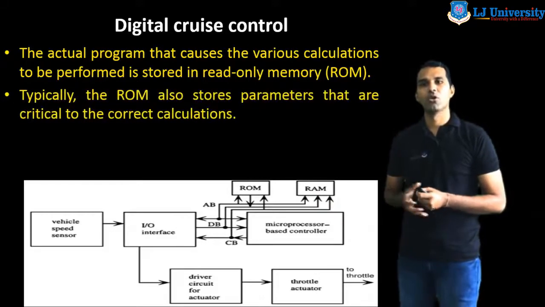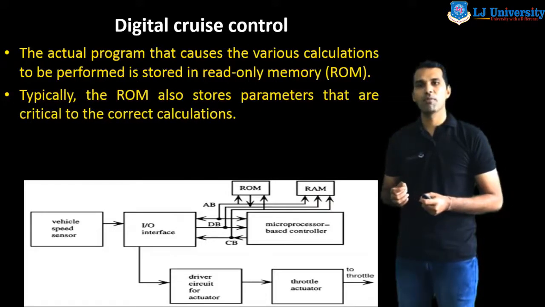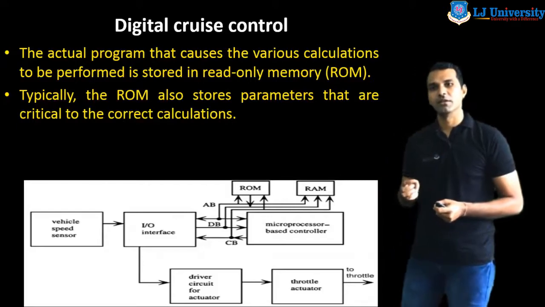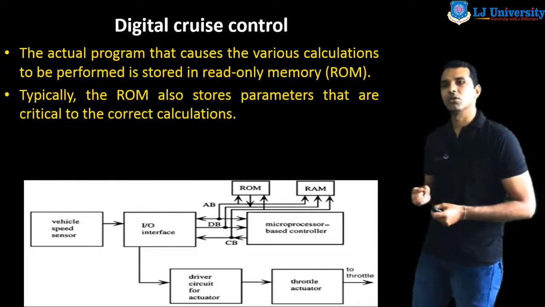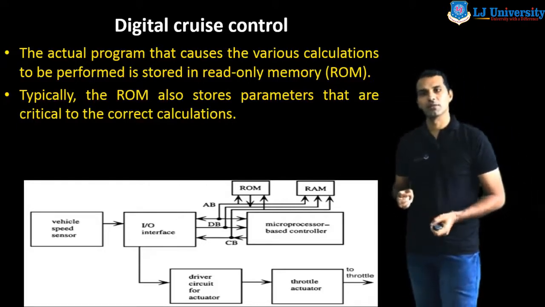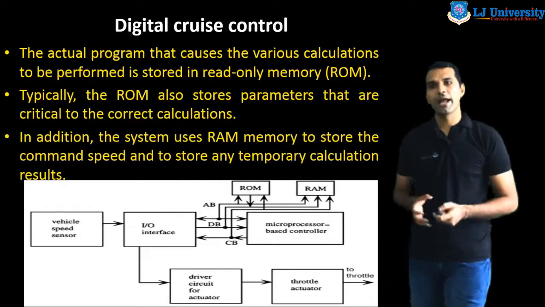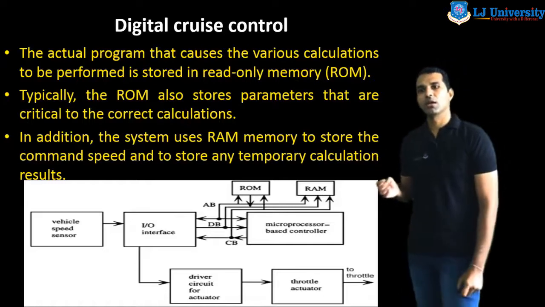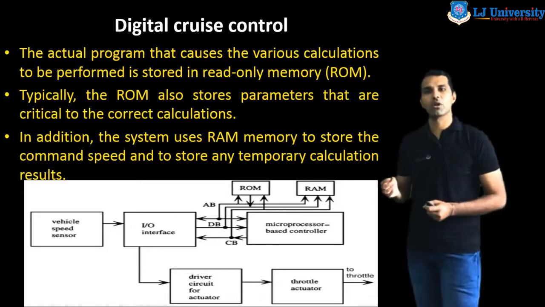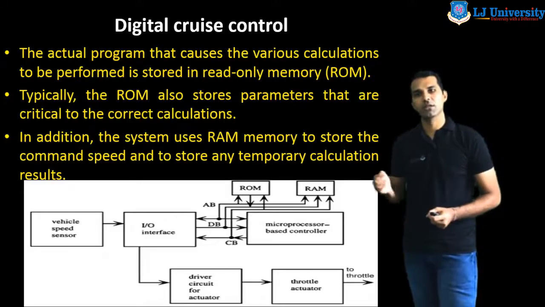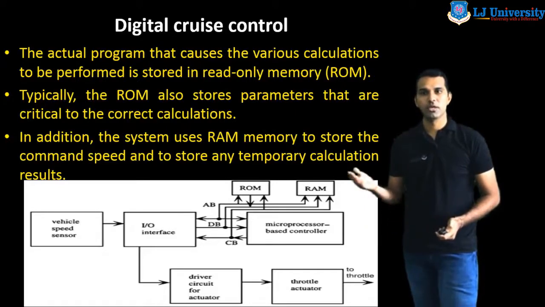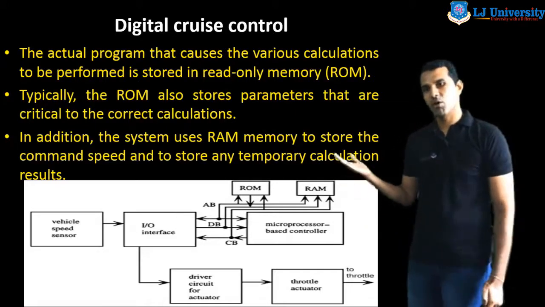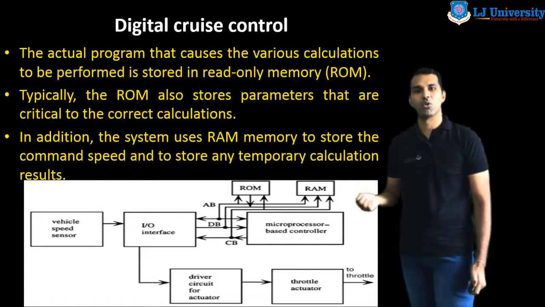And typically the ROM also stores permanent parameters that are critical to correct calculation. In addition, the system uses the RAM to store the command speed and any temporary calculation results. So here we have discussed the function of the RAM and the ROM.